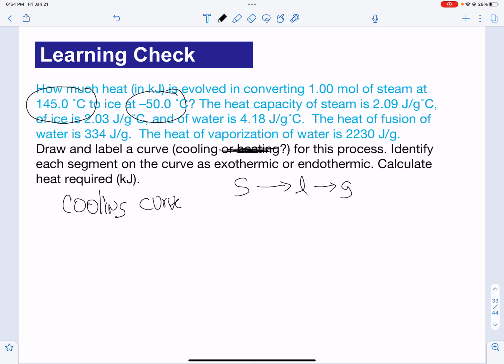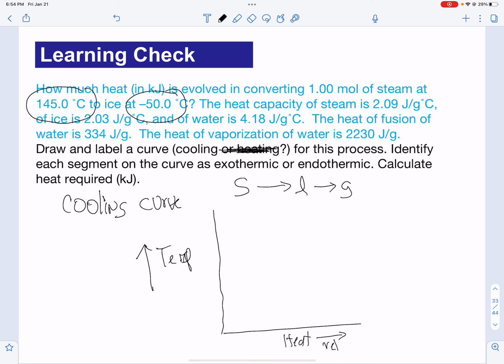So we're dealing with a cooling curve. And a cooling curve is nothing more than representing the process in a graphical way, where you have temperature going up on the y-axis and heat being released in this case, so this is an exothermic process, on the x-axis.